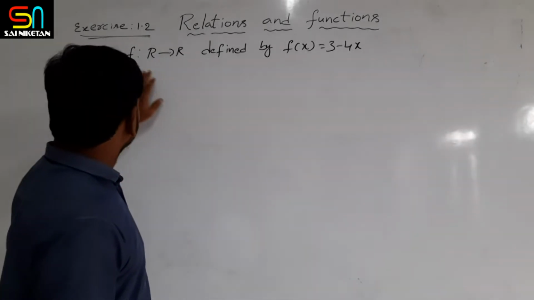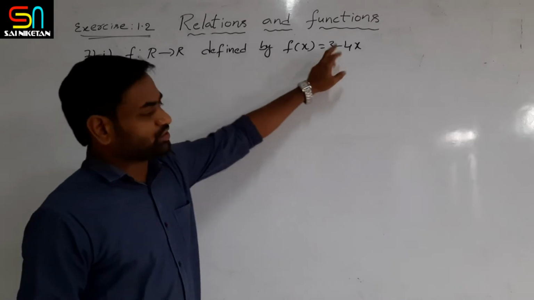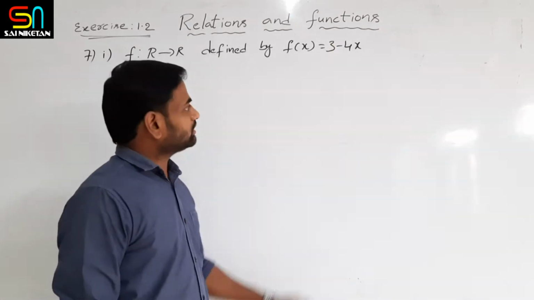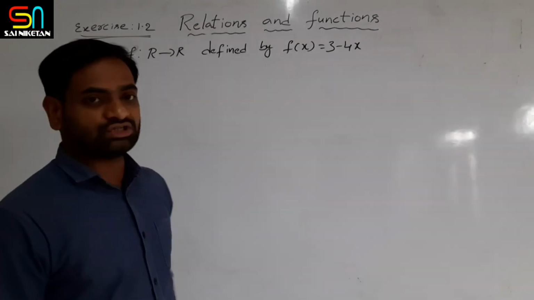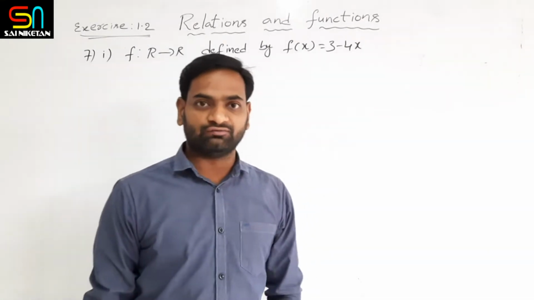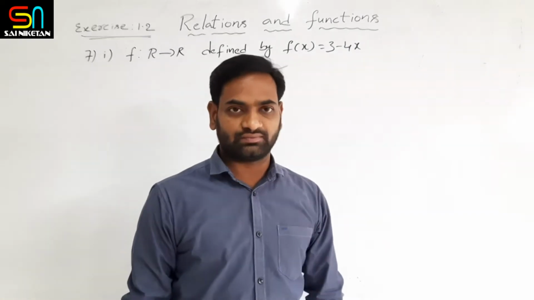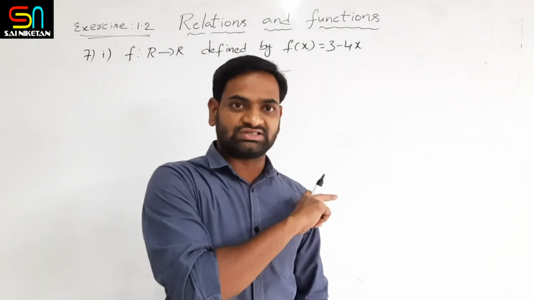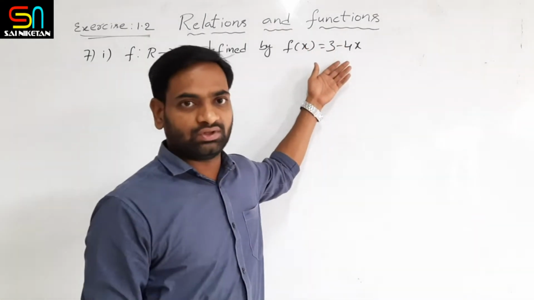See the next one. f from R to R defined by the function f(x) = 3 - 4x. Okay. Now this function we have to check whether it is 1-1, onto, or bijective. If the function is 1-1 and onto, then we can say automatically it is bijective.